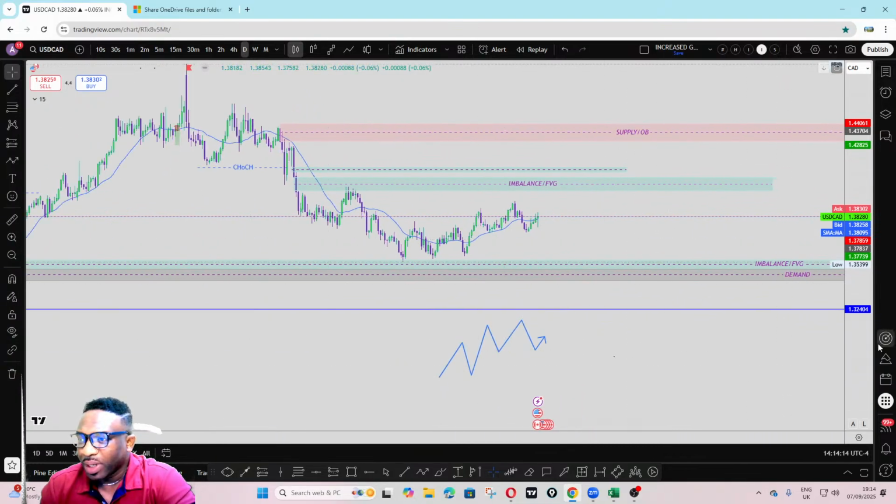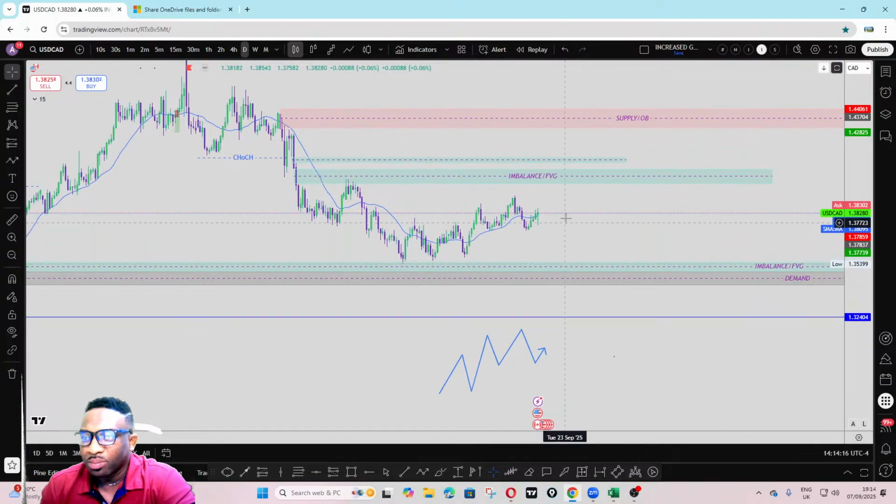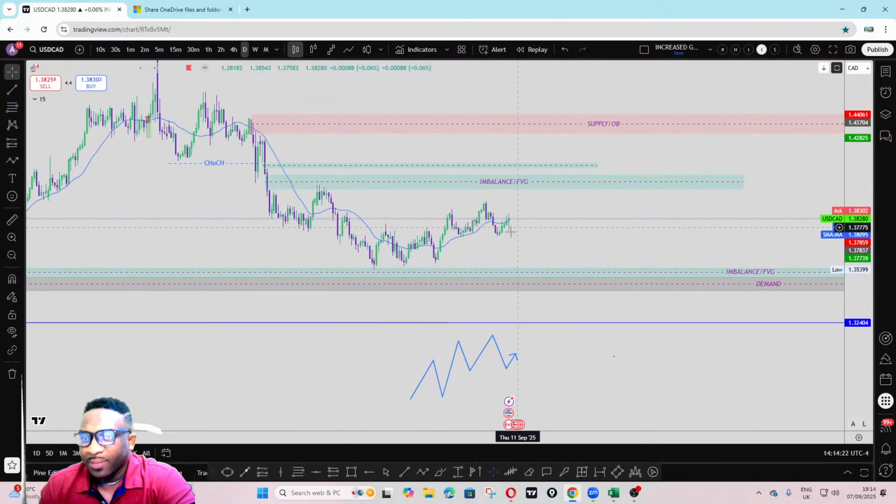So coming this week, we're hoping to see movements in this direction. So once market opens, if we get a close above this area, that will much more confirm the uptrend than anything.